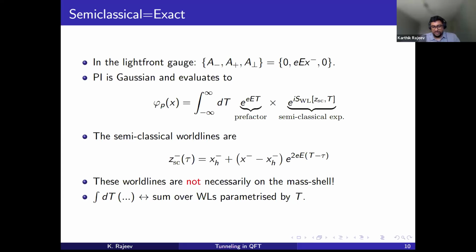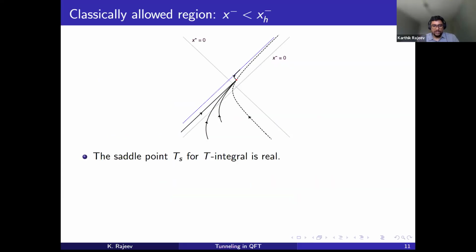So from this perspective, the tunneling-like phenomenon that happens in the wave function is because of the fact that there are these space-like worldlines that go into this path integral.